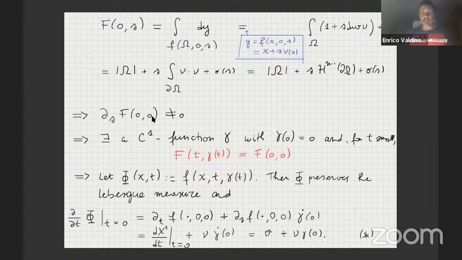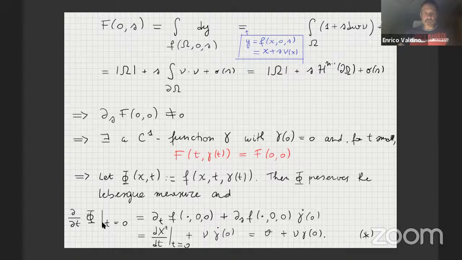So I use my implicit function theorem to say that given small t, I can find a function, say gamma of t, with gamma of 0 equal to 0, such that F of t, gamma of t, is equal to F of 0, 0. Okay? Now I define phi of x, t to be my little f at time t with this additional parameter s equal to gamma of t.